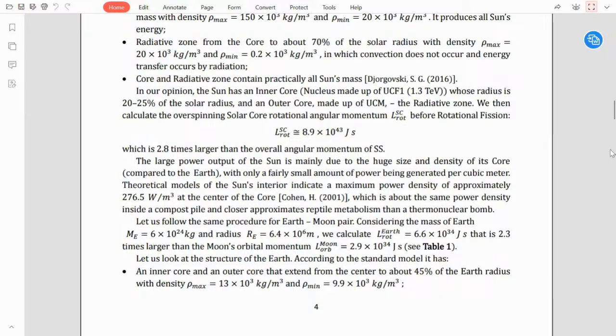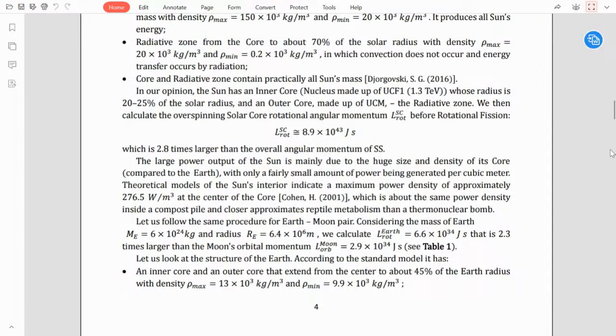The large power output of the Sun is mainly due to the huge size and density of its core compared to the Earth, with only a fairly small amount of power being generated per cubic meter.